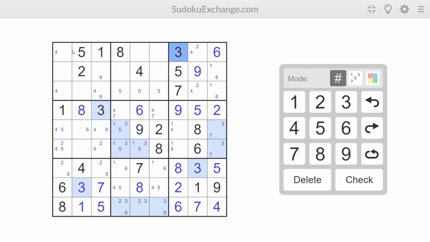Okay, 3 is in this row, 3 in this column, 3 in this column, so we're left with only these two cells which could contain a 3. Okay, look at this cell now.